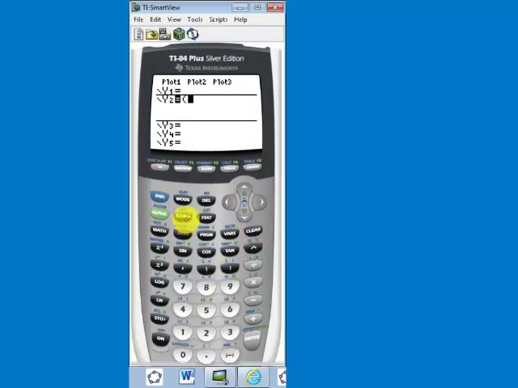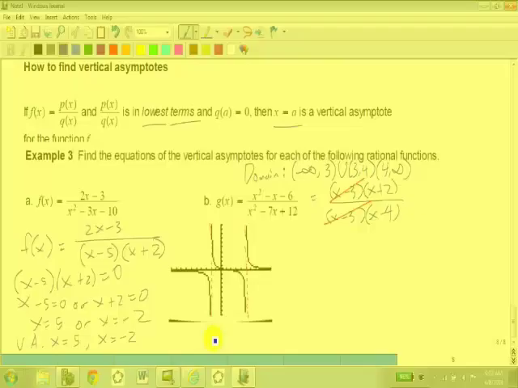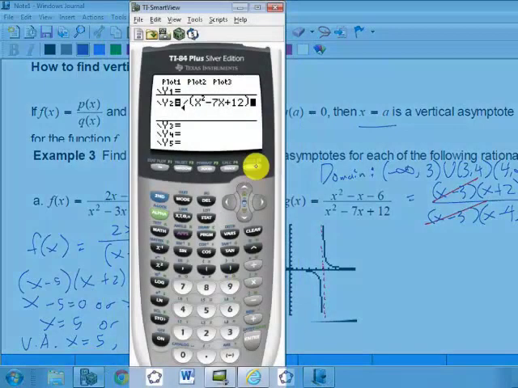Let's clear that out. But the x squared minus x minus 6 in parentheses divided by x squared minus 7x plus 12, and grab it.